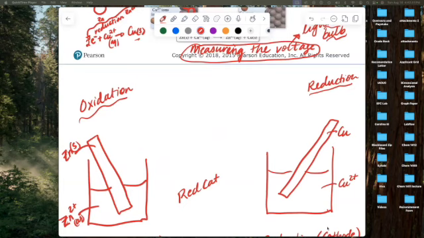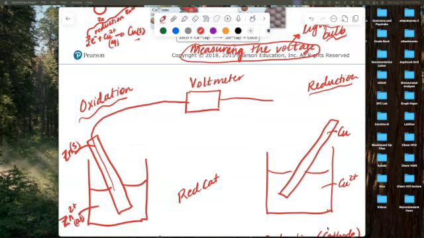The electrons generated this time will not stay on the electrode surface, they will actually travel through a wire. So I'm going to make this a voltmeter. They will travel here because the electrode conducts electricity, and then travel through an external wire to the voltmeter and all the way to the reduction site. So what we're showing here is the flow of electrons.